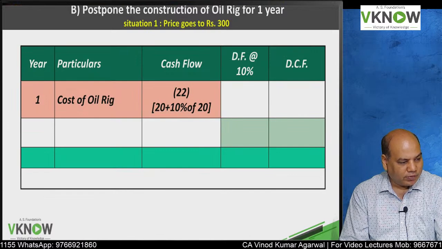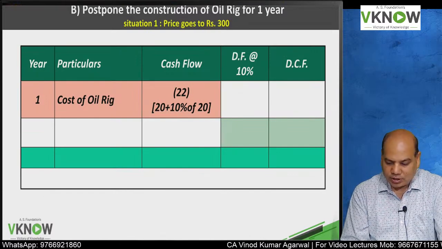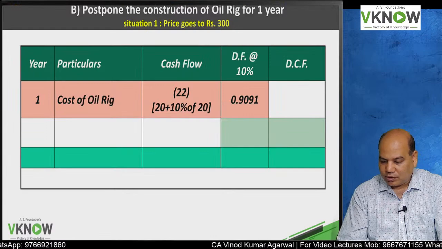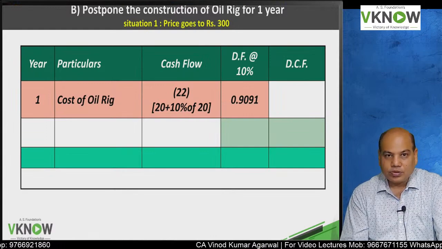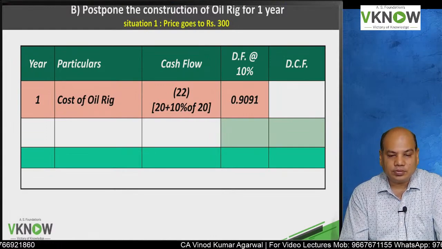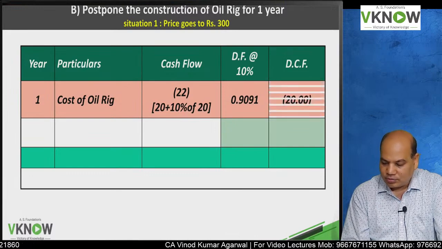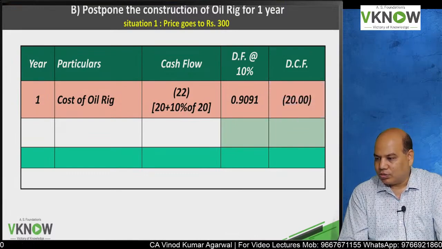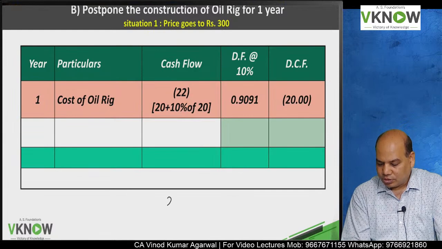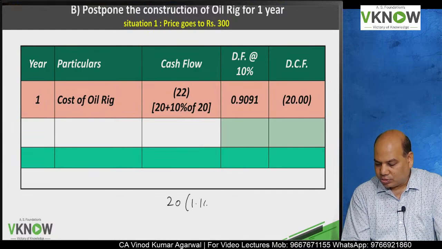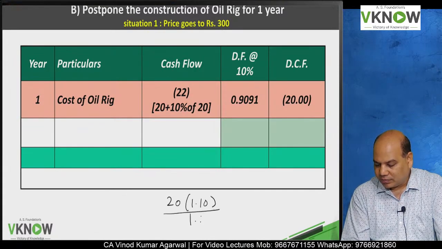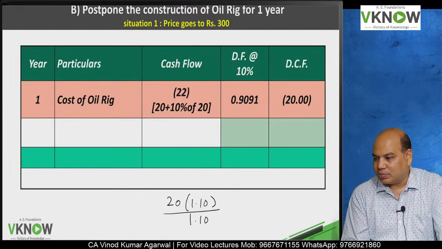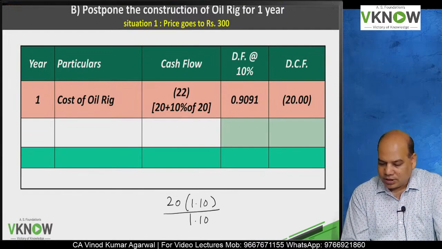Present value factor for year 1, 0.9091, and present value you should get the same amount. You are multiplying 20 by 1.10 and again dividing by 1.10. You should get the same answer.